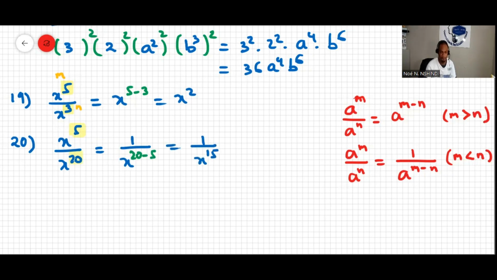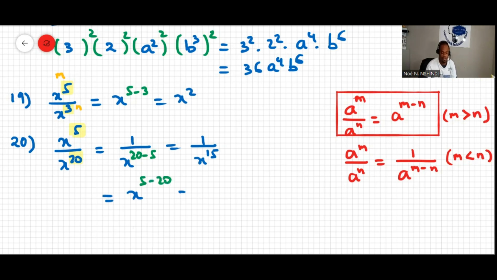Okay, but sometimes you'll see most people just use this formula for all of them, and I'll tell you why. Sometimes this is actually the main formula, okay? In question 20, here I can still do x to the power of 5 minus 20.